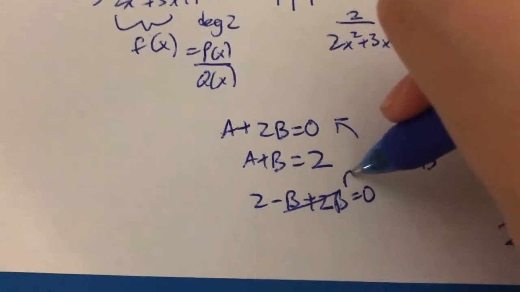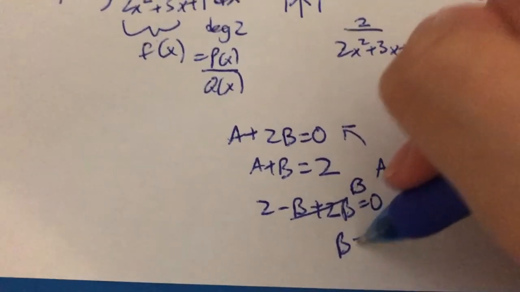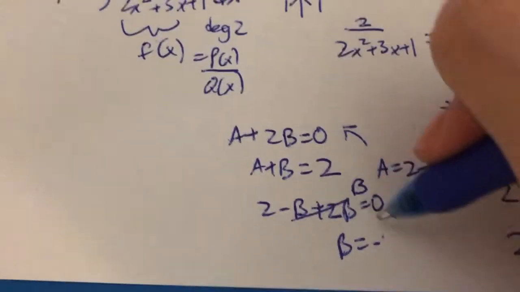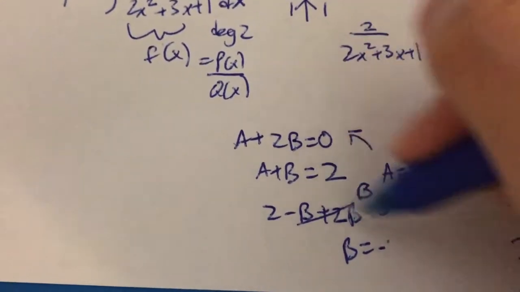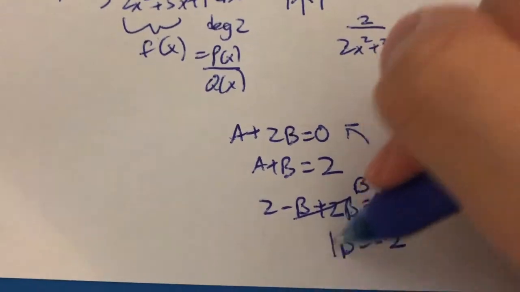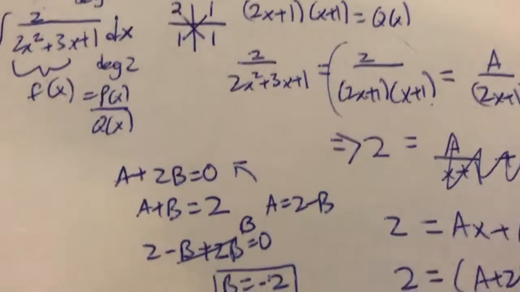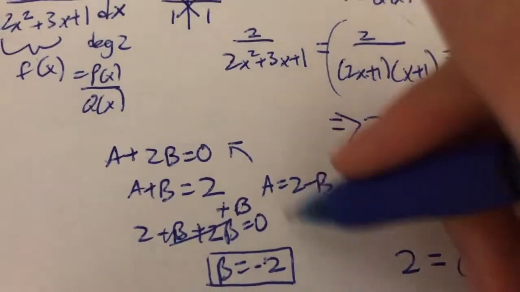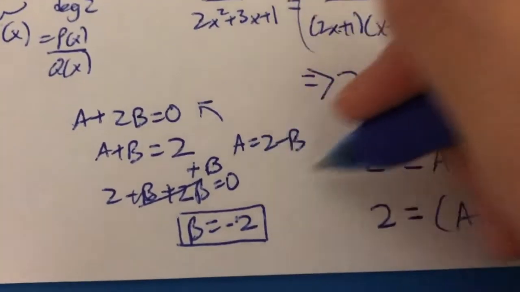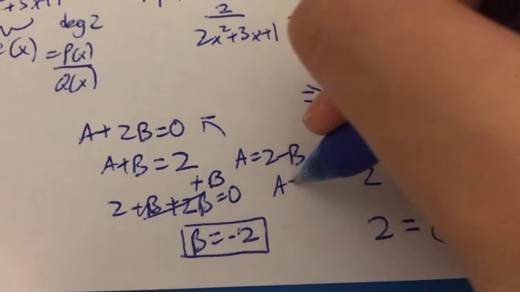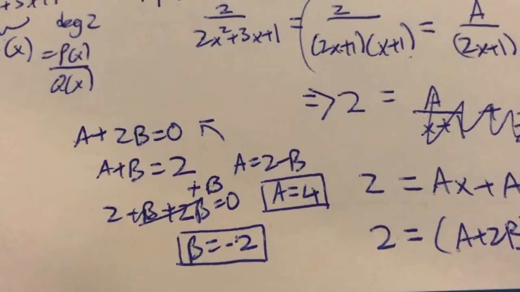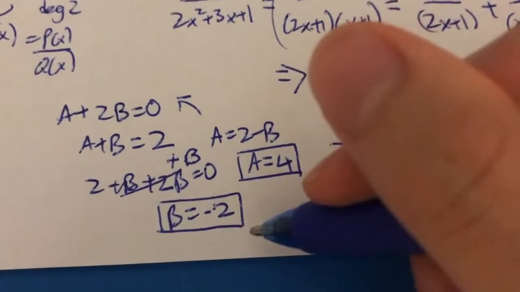So then this just comes out to be b. So b must equal negative, let me think about this. B must equal 2, I think. Or no, it's positive b. So b must equal negative 2, okay? Because there's a positive b right here. And then if we plug this back into this equation right here, we get a is equal to 4. Alright, perfect. So we now have a is equal to 4 and b is negative 2.